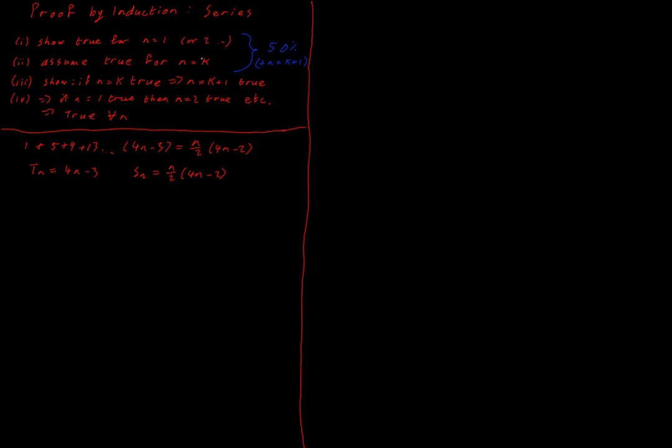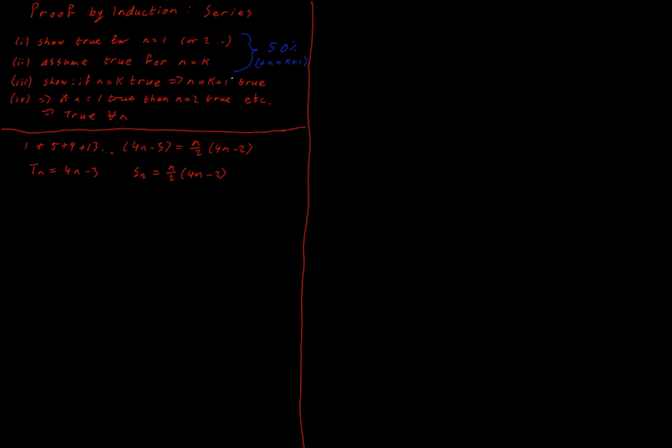It's just a number. So k could, in principle, be 2, or k could be 1,025,000. K is just some number, but we're not specifying what number. So it's a particular number in our series, a particular term in our series.